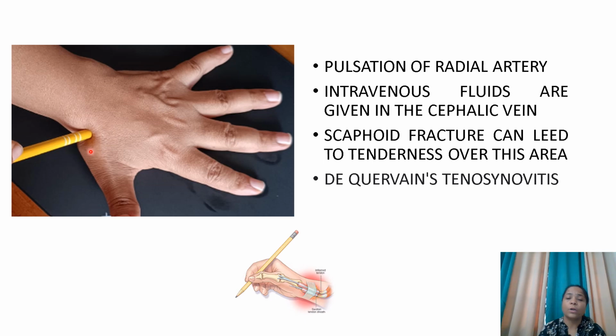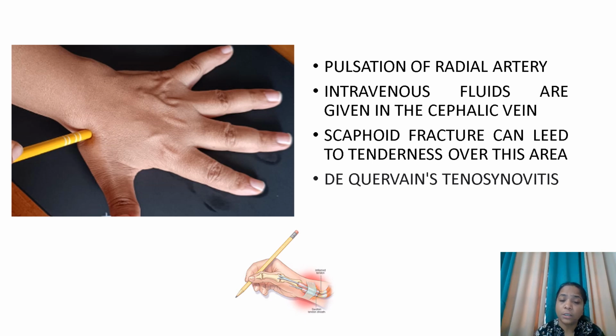Next is a disease known as de Quervain tenosynovitis. What happens in de Quervain tenosynovitis? Because of overuse of the tendons of the anatomical snuff box, that is extensor pollicis brevis, abductor pollicis longus, and the extensor pollicis longus, these tendons sometimes get inflamed because of their long term, regular use.